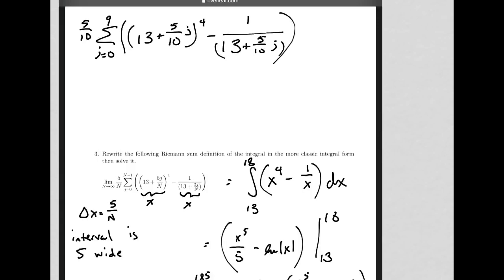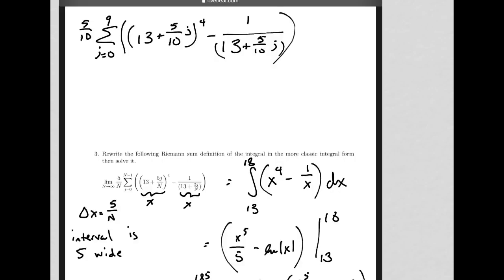And so if we're looking at this, since we start at 0 and we go up to 9, then we know this is a left sum, which means this is n minus 1. So we know that there are 10 rectangles. And so your width here per rectangle is blah over 10.